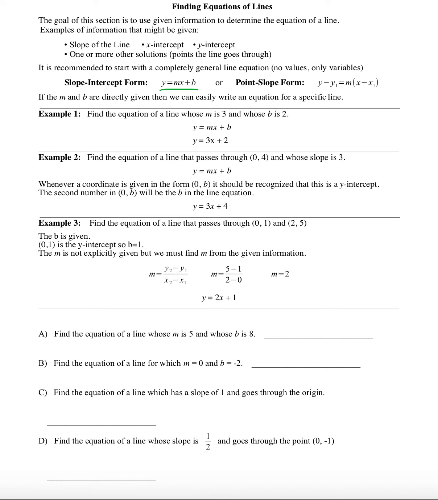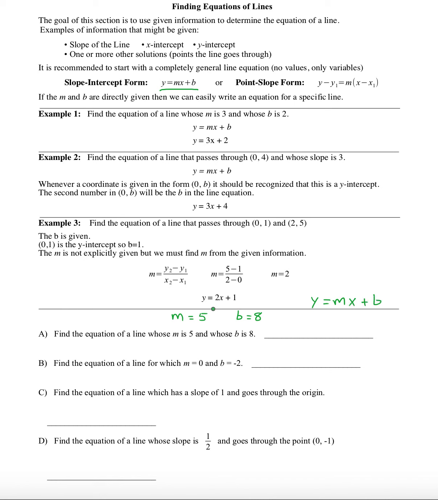So let's try this first one, letter A, which tells us pretty explicitly here that m is 5 and b is 8. The slope-intercept form says y equals mx plus b.